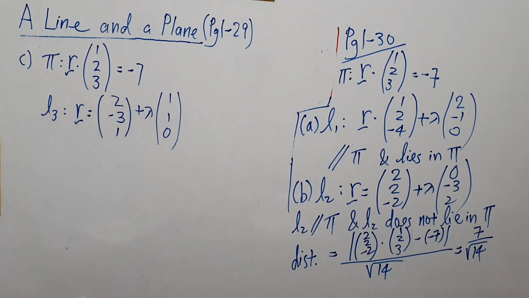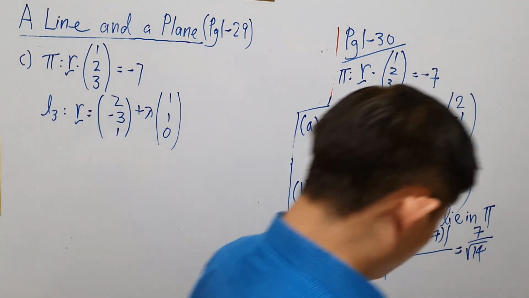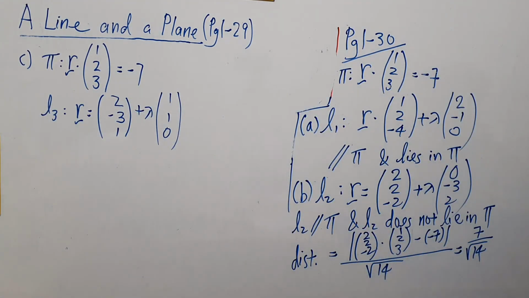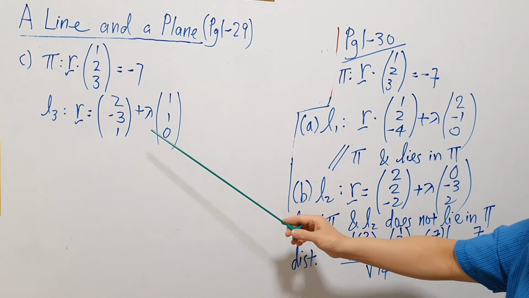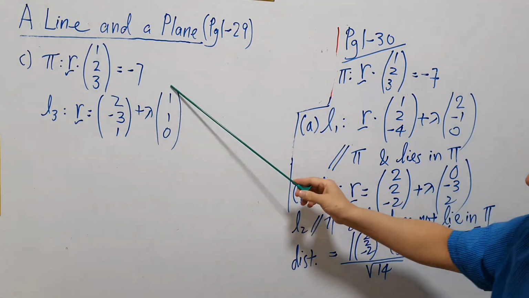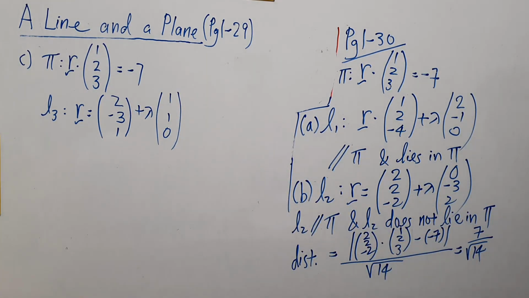Alright, so you're given the plane pi and then the line L3. So check, are these two parallel? How do you check? You take this vector, dot with this, it is not 0 and therefore they are not parallel. If they are not parallel, they will surely meet. So to find the intersection between a line and a plane, the same thing goes.